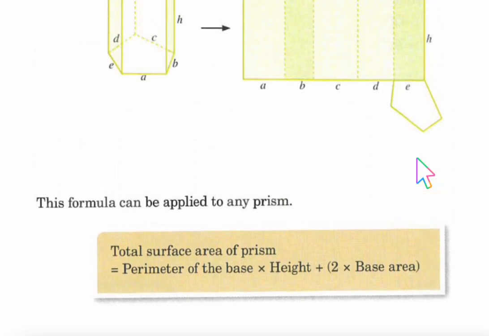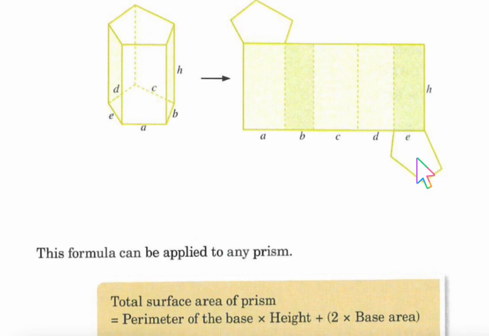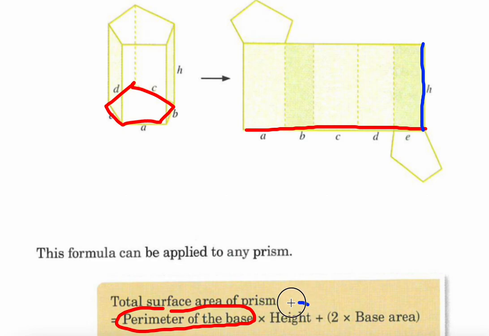Okay? So that's what we have here. I'm going to slide it down so you can see both of them at the same time. The perimeter, which was adding up all these sides, right? Adding up all those sides is this length right here. Perimeter of the base, I'll code that in red, times the height. The height is right here. So that's why we multiply by the height, because if you multiply those two together, you'll figure out the area of this entire shape, right?